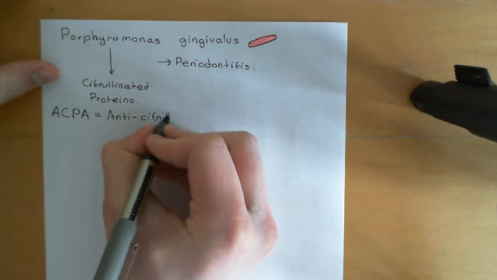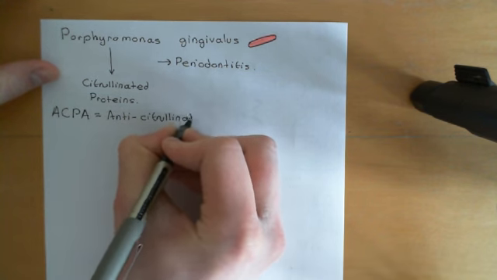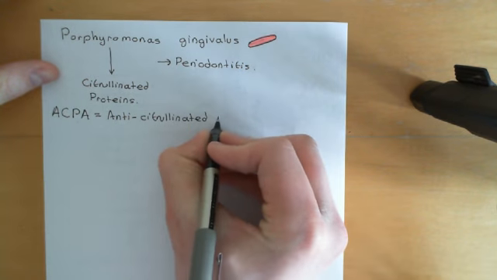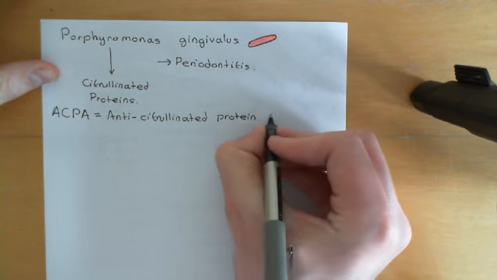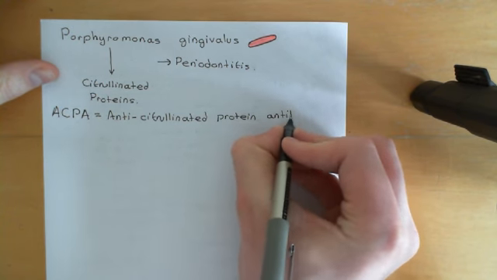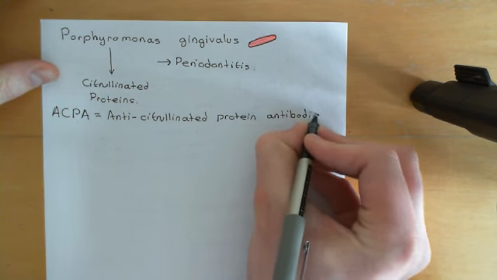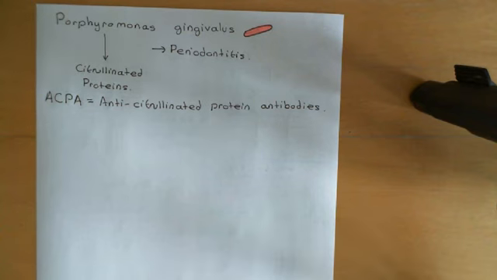So at the moment we think that the cause of rheumatoid arthritis is that you have produced these anti-citrullinated protein antibodies, which are capable now of binding to some autoantigen within the synovial joints, basically. But they were initially produced to fight some pathogen that also had a citrullinated protein.